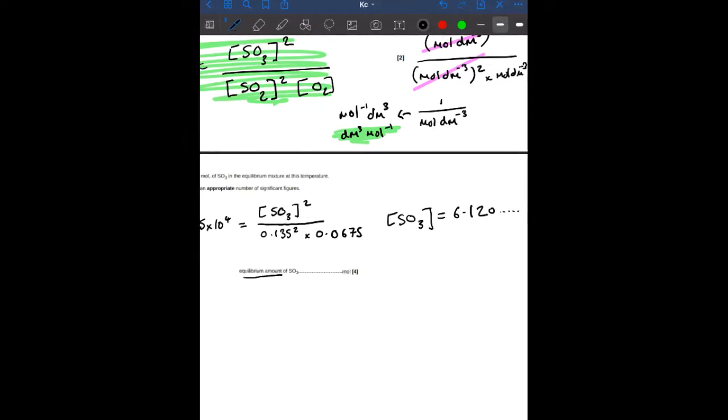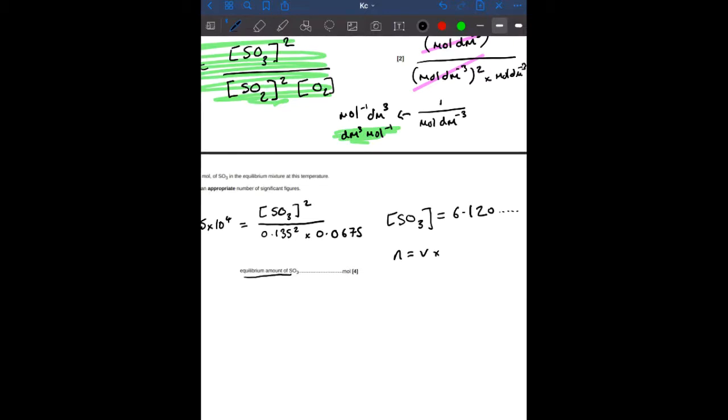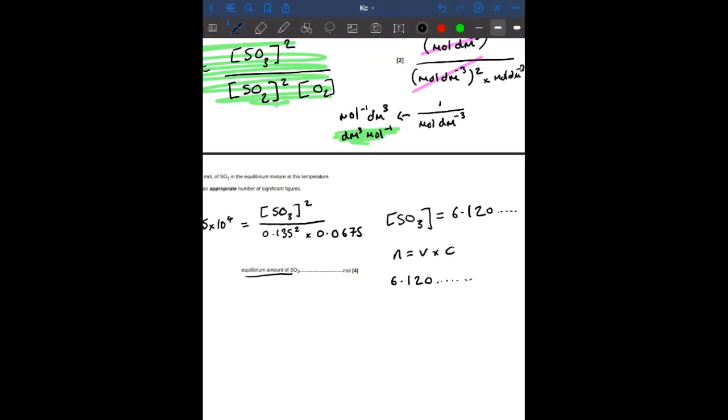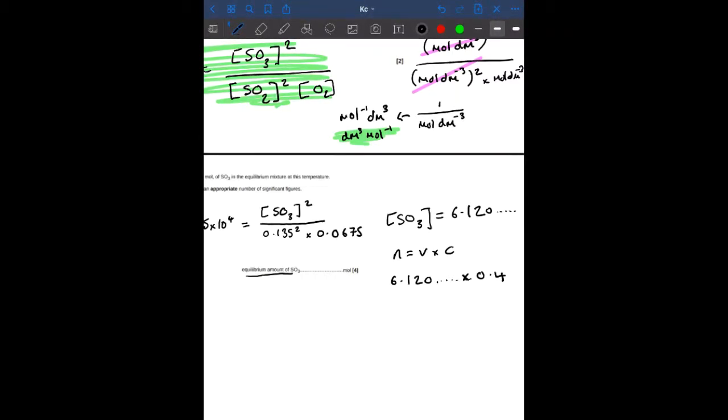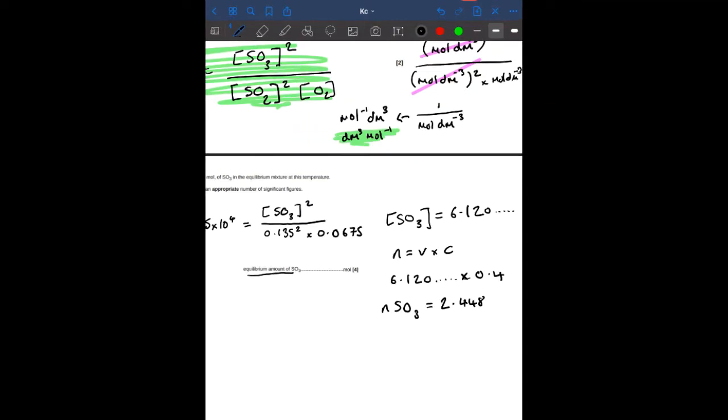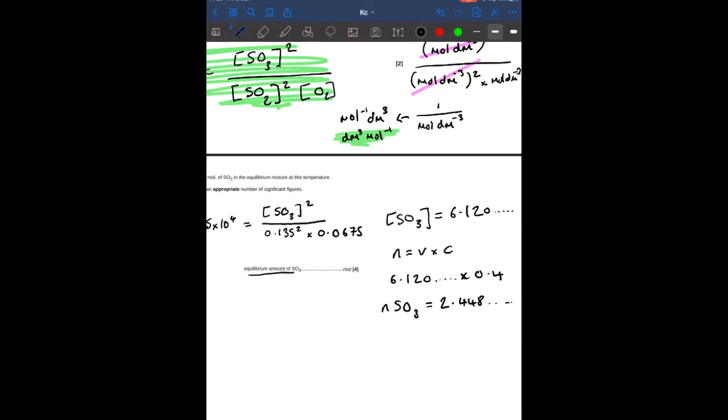We want to know the equilibrium amount. So we're looking at the moles. Moles equals volume times concentration. So we've got 6.120 ... times by 0.4. So n amount of SO3 equals 2.448 ... but we were asked to do it to the appropriate amount of significant figures.